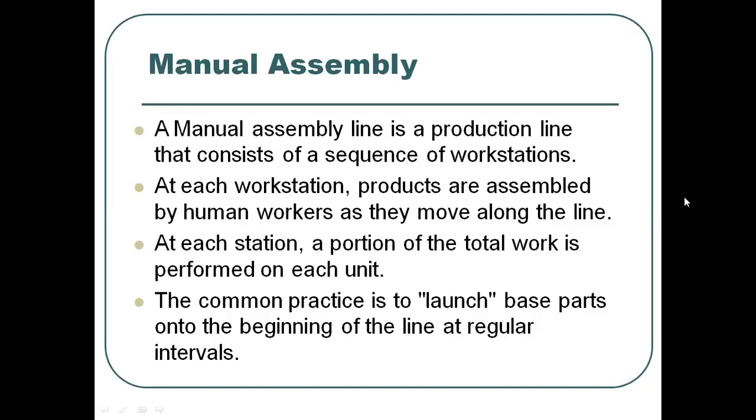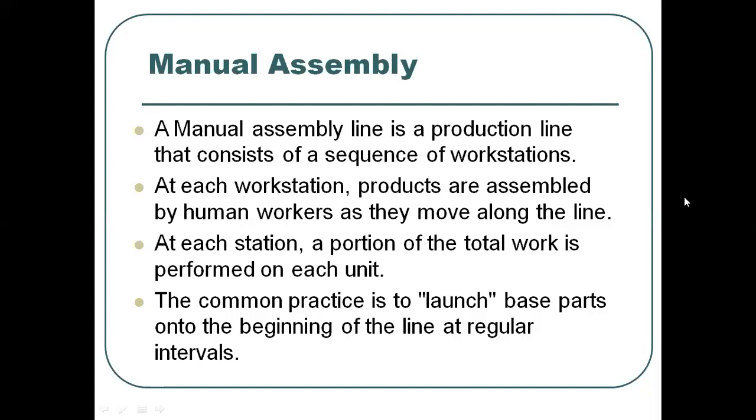The products are being moved along the line. At each station, a portion of the total work is performed on each unit, right? So we have basically a total of 10 components to add, so 10 elements, 10 tasks have to be done. So the total task is being divided into 10 tasks now, with the addition of each component taken as one task, for example.